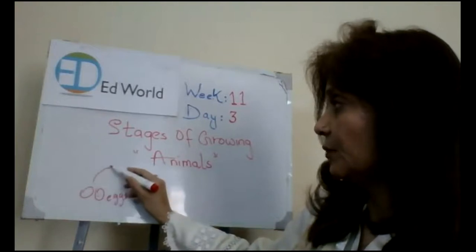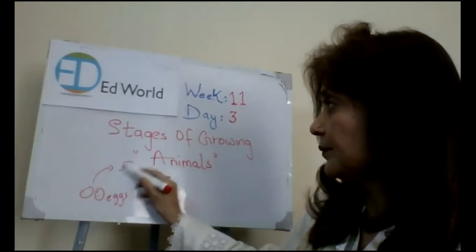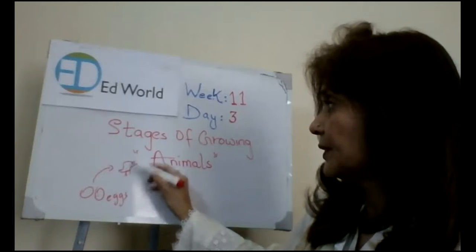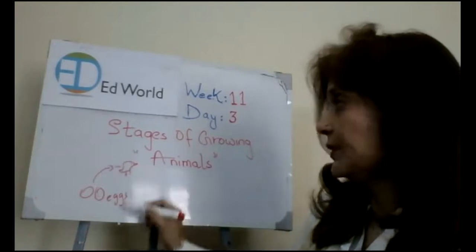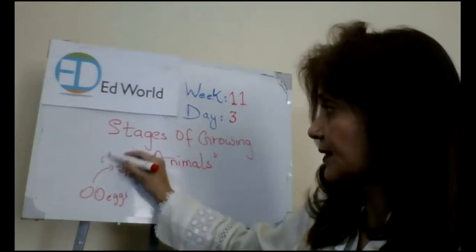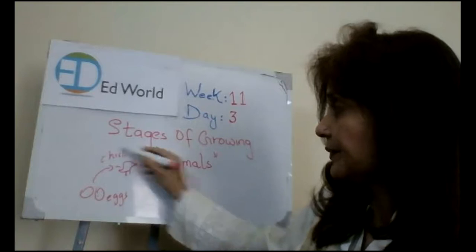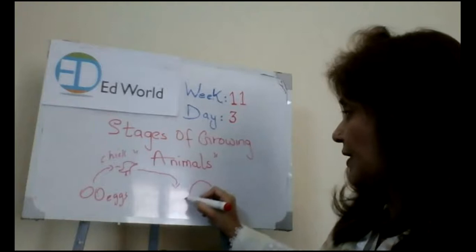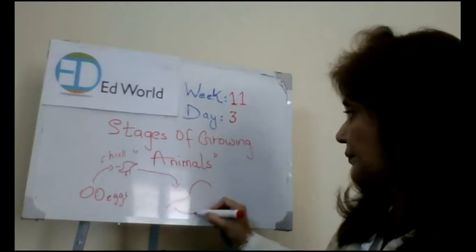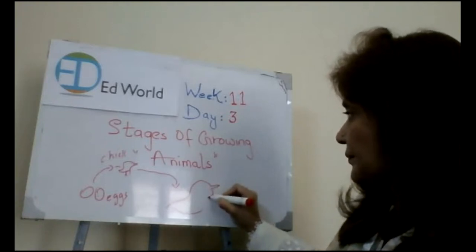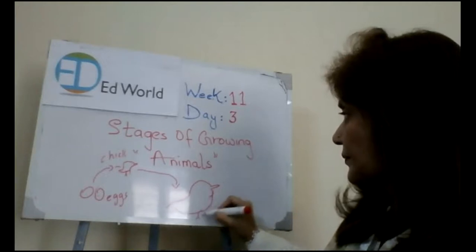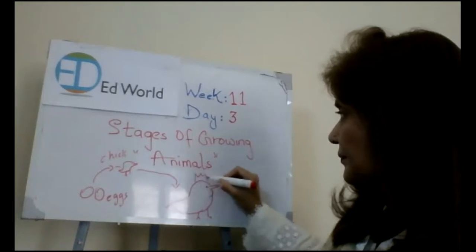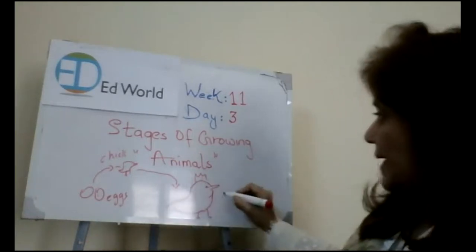Later on, what happens? A small chick is formed, right? This is a chick, and later on, this chick is going to become an adult.